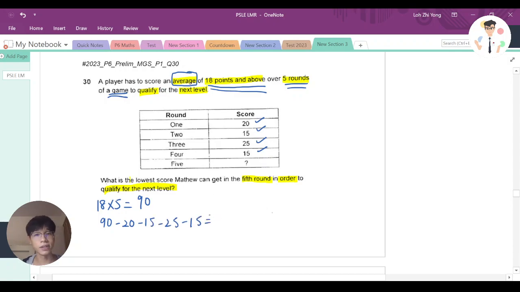Then you'll find out the answer is actually 15. Which means that at least Matthew should have 15 so that he will be qualified for the next round. Done, something simple. This is average. Okay, just a quick revision on this. Let's move on to our next question.